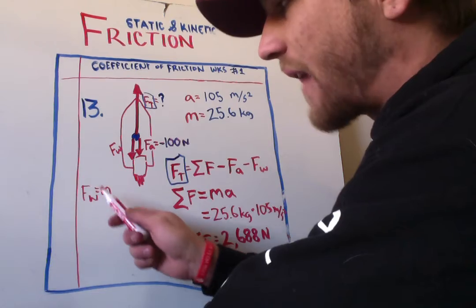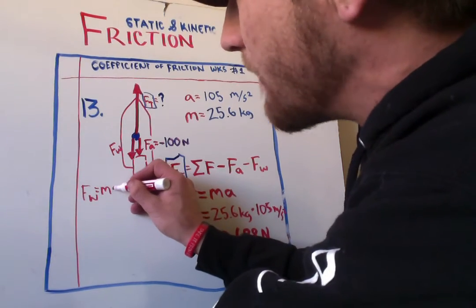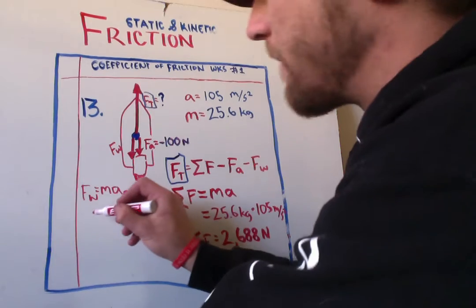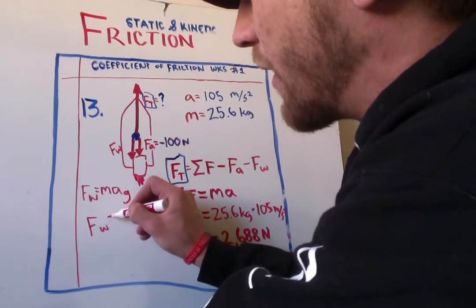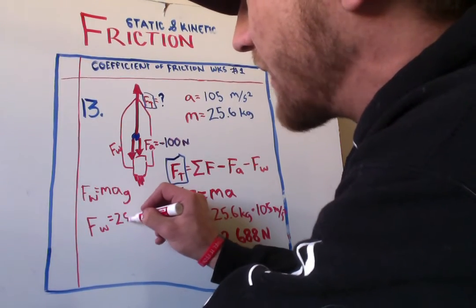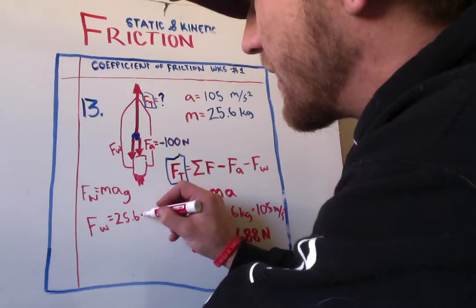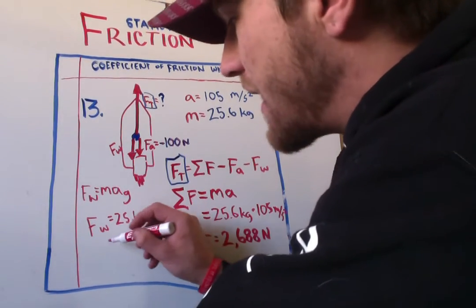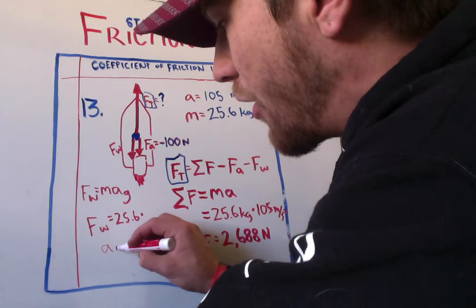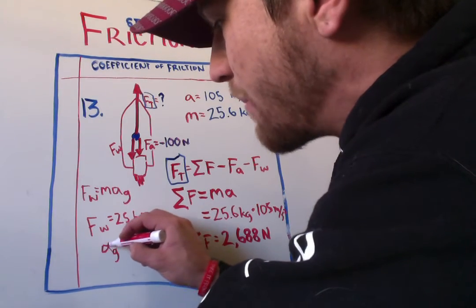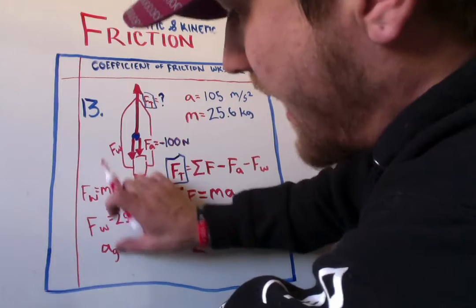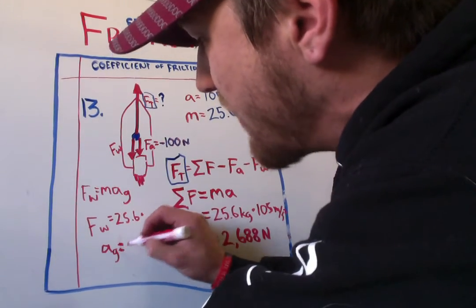The acceleration that's affecting the weight of anything is the acceleration due to gravity, right? So F of W would equal 25.6, because that's the mass, times gravity. And on Earth, gravity, A of G, is always 9.8 meters a second squared. Or, for the sake of any problem you do in this class, you can just round that to 10.